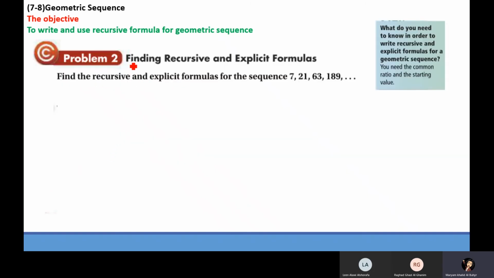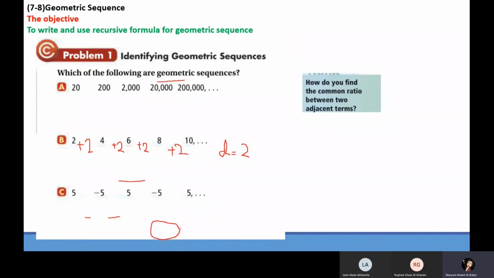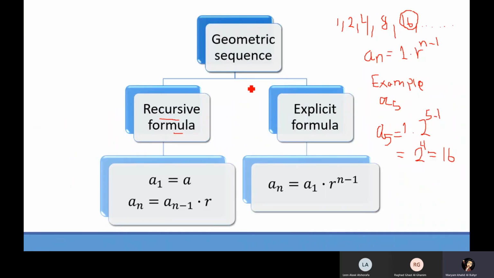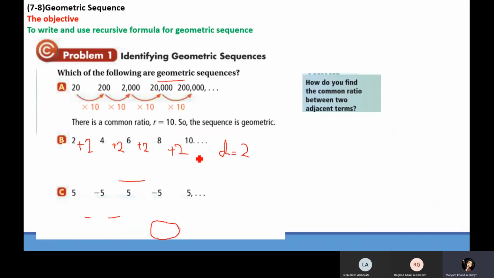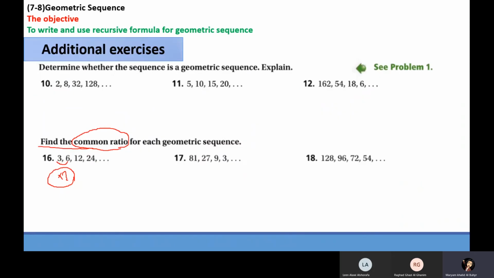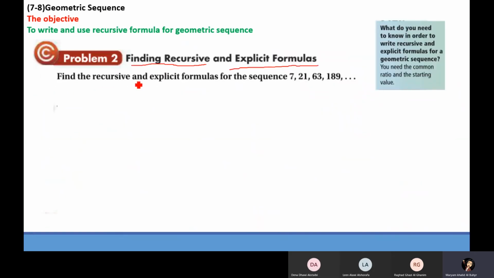Now here, we are going to find the recursive and the explicit formula, what I showed you in this slide, which will be helpful. You can just write it in your notes, exactly the same thing that I wrote. So the recursive formula depends on the first term of this sequence.